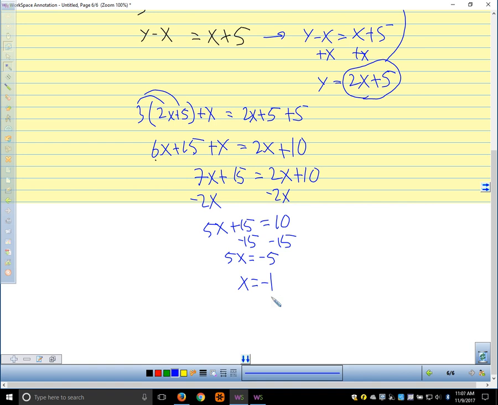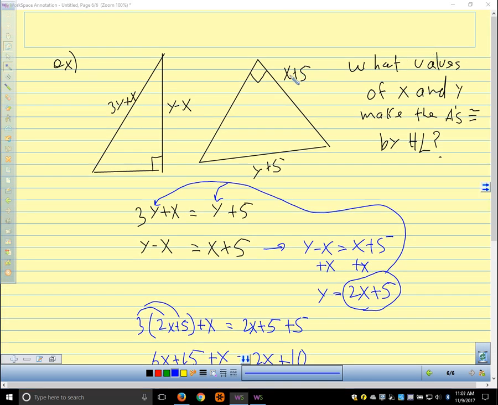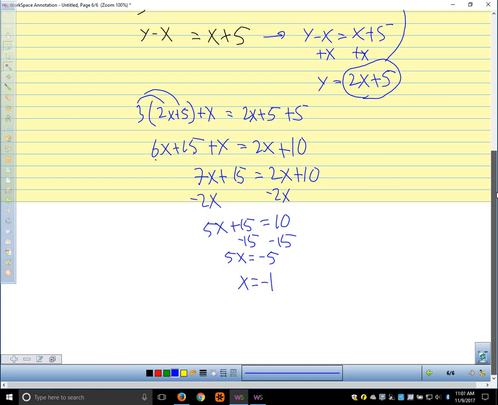And because we're talking about triangles, I want to check to make sure that this makes sense, that I'm not going to get a side that is negative. So if x is negative 1, this side is 4. If x is negative 1, I think we're okay. So I just want to make sure that I didn't make a mistake and have a negative side length somehow. Well, now I'm going to take this, x equals negative 1, and put it right there, and I'll get y.